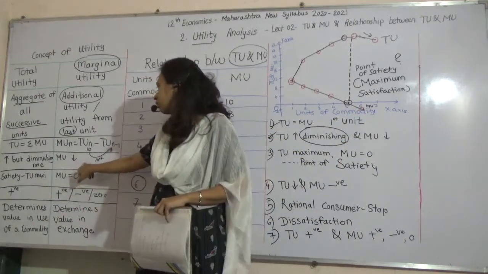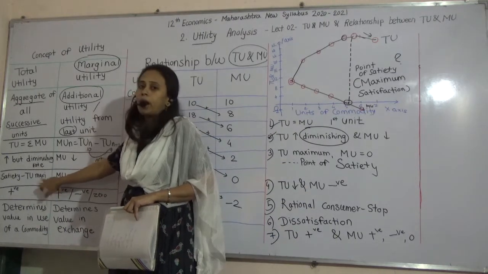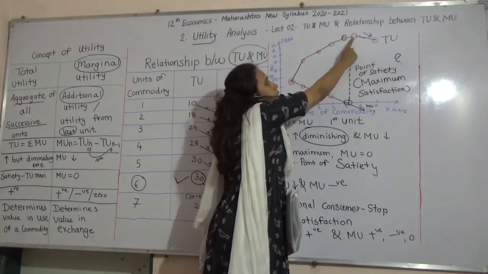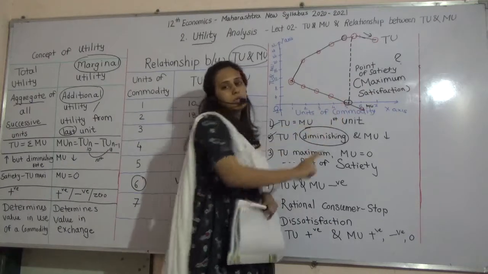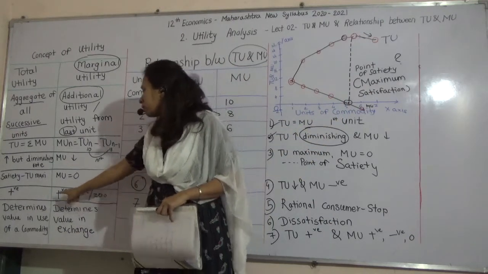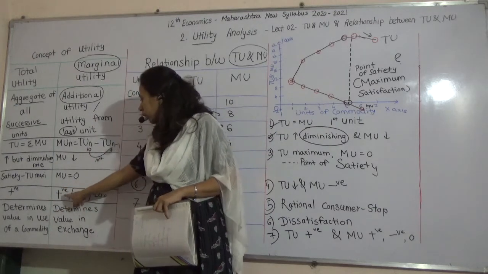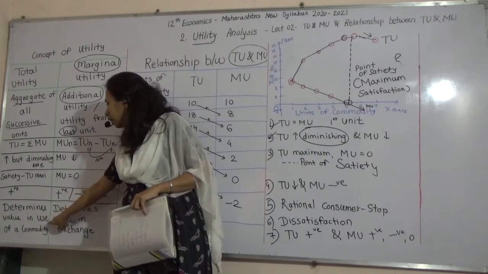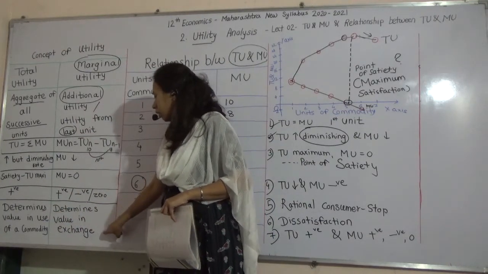So MU is falling. Then we have seen the point of satiety. At the point of satiety, TU is maximum and MU is 0. Then next, this is also explained: TU is always positive, MU can be positive, negative, or 0. TU determines value in use of a commodity and MU determines value in exchange.